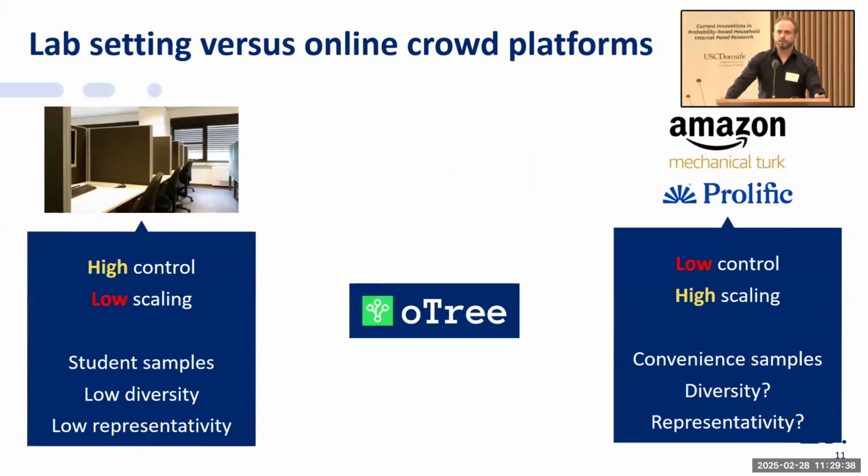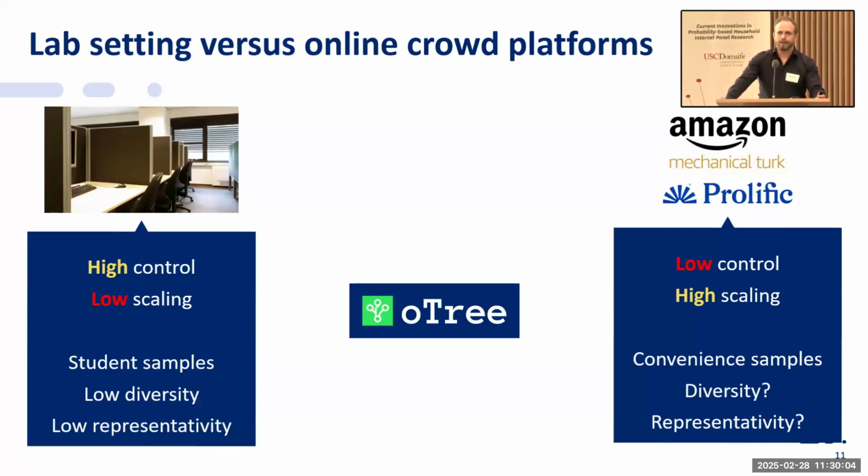There are pros and cons. In a lab setting, you have your student samples and you have low scaling, but higher control. On the other hand, when you use mTurk or Prolific, also convenience sampling most of the time, you have much higher scaling, higher group sizes of course, but you have less control of who your respondents are.